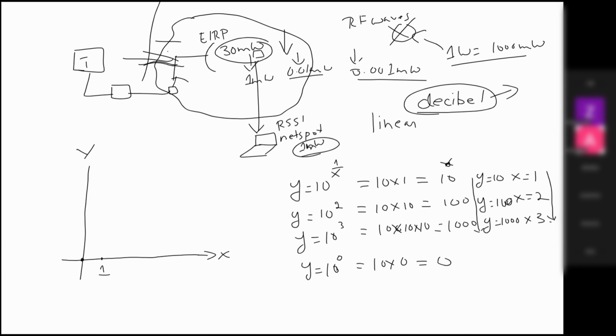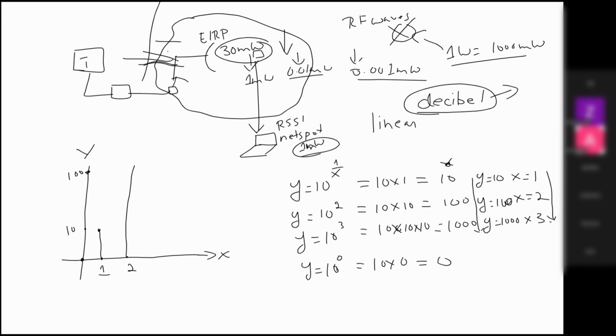The next one, x value is 2, that is here, and the y value is 100. So maybe the 100 is here. It's not possible, but yeah, 100.